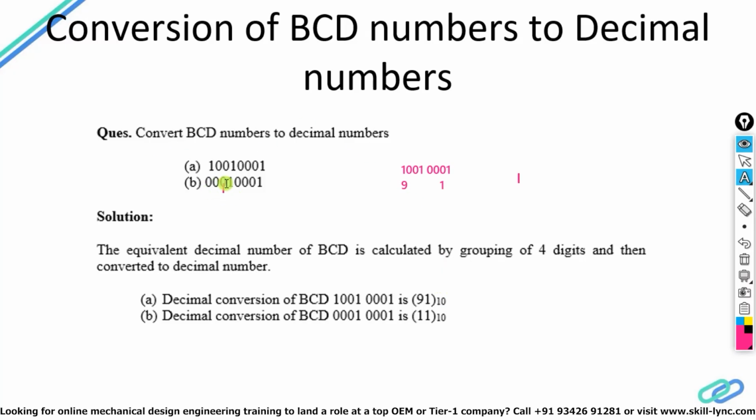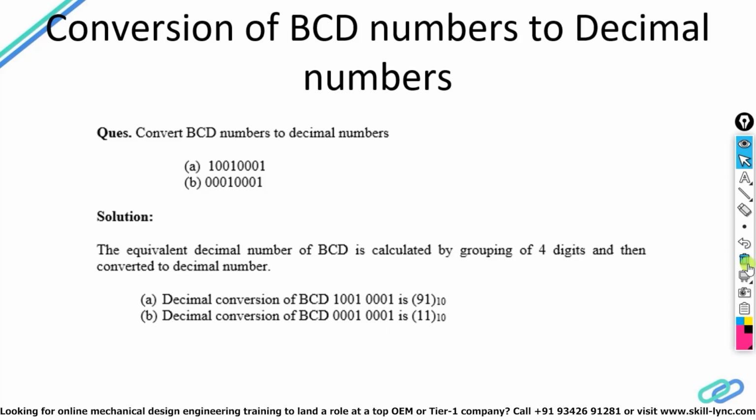Similarly, the other question is 0001 0001. Here also we will make a group of 4 bits. 0001 corresponds to 1, and the other 0001 corresponds to 1. So the final answer will be 11 in the decimal number system.